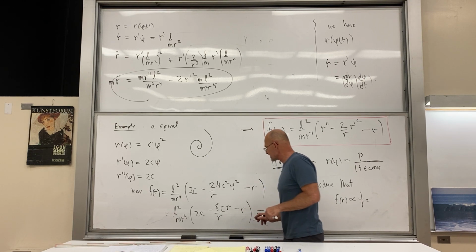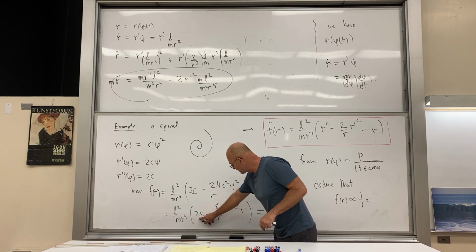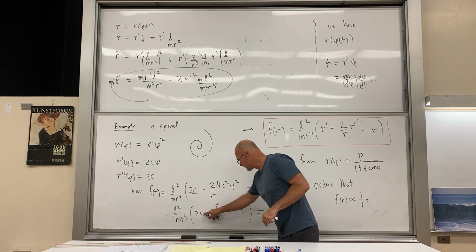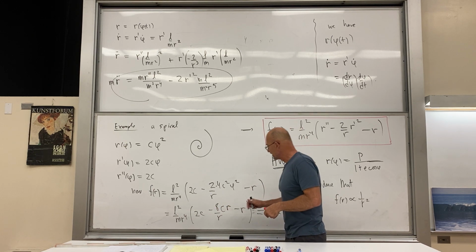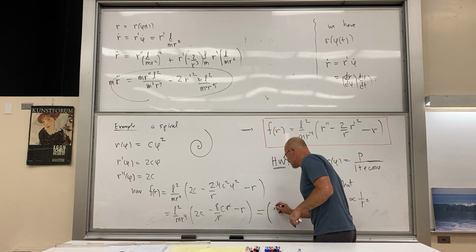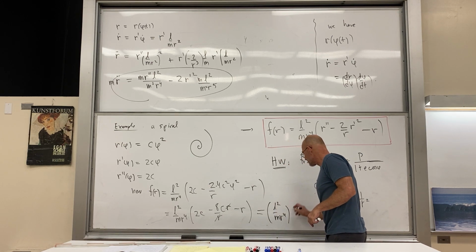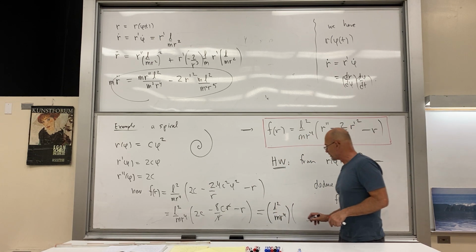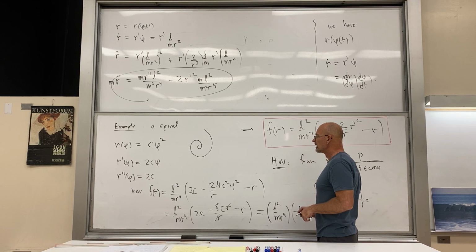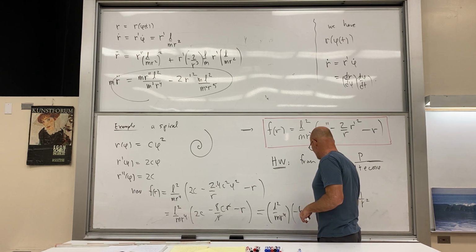So you can see how this is going to simplify. We have 2c minus 8c. The r's cancel. So we have L squared over m r to the fourth. We're going to simplify this one more time. So minus 6c minus r.